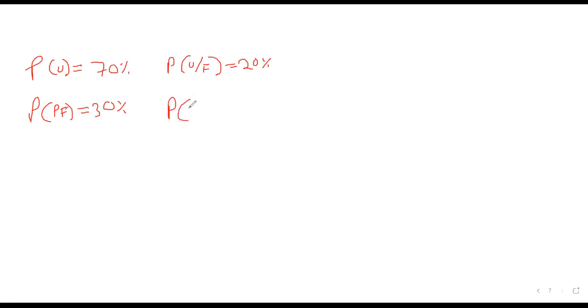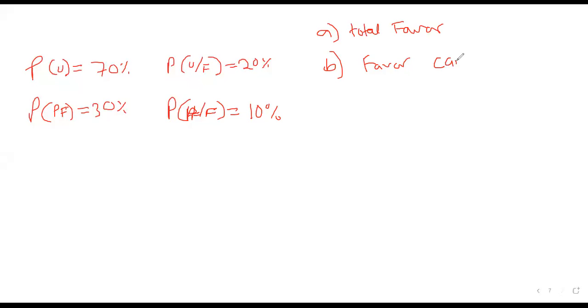And of those who voted for PF, those that are in favor are 10%. Question number 1: find the total number of those that are in favor of free education. Then part B, of those that are in favor, find the probability that the one who was in favor came from PF.